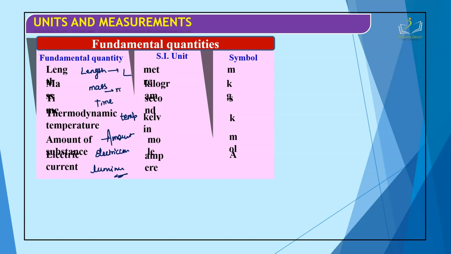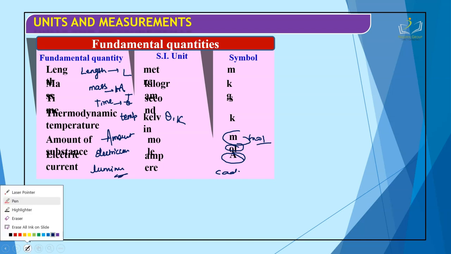Length L, mass M, time T in the dimension, temperature theta or K, amount of substance mole, electric current ampere, and for luminous intensity candela.